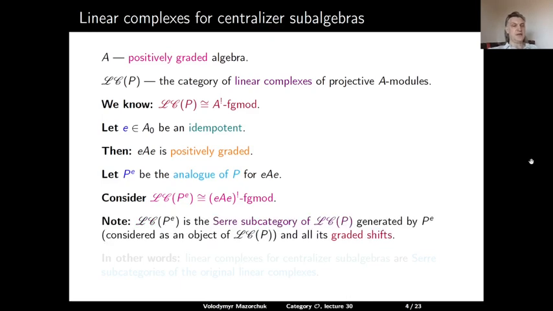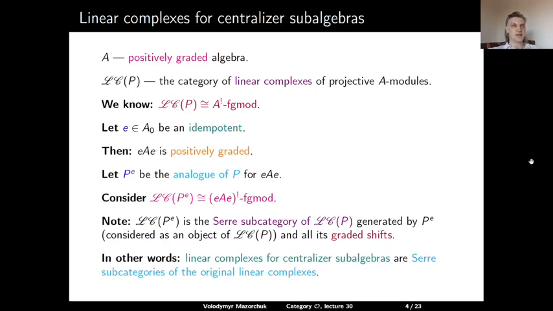We also know that the category LCP^e is the Serre subcategory of LCP generated by P^e, so P^e is a semi-simple object of the category LCP, and of course by all its graded shifts. So in other words, linear complexes for centralizer subalgebras correspond to Serre subcategories of the original category of linear complexes.